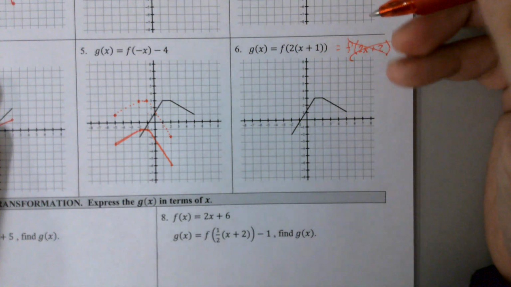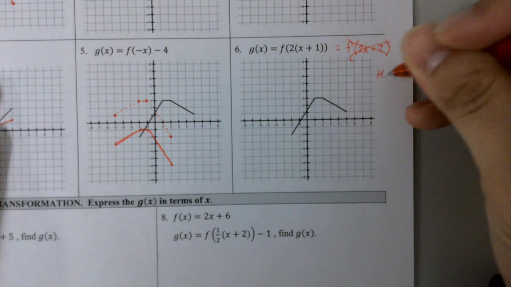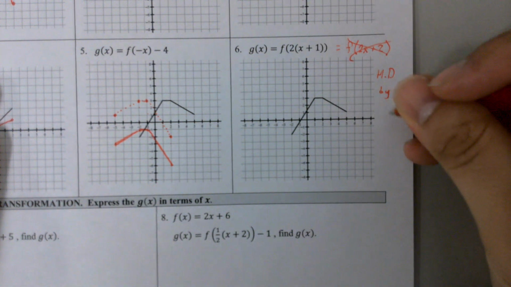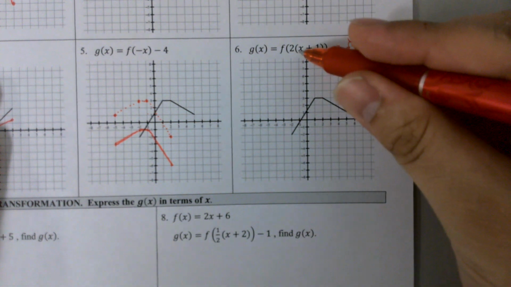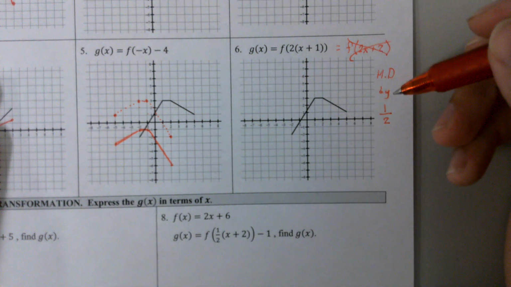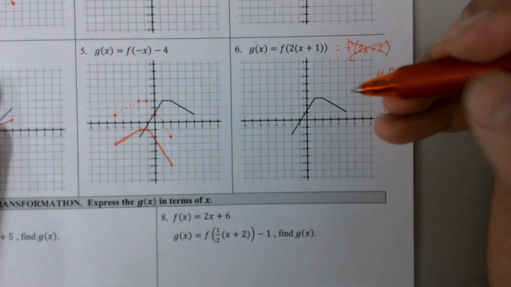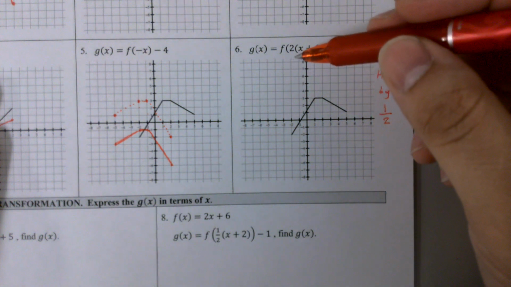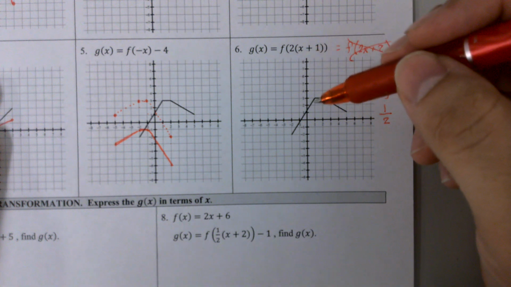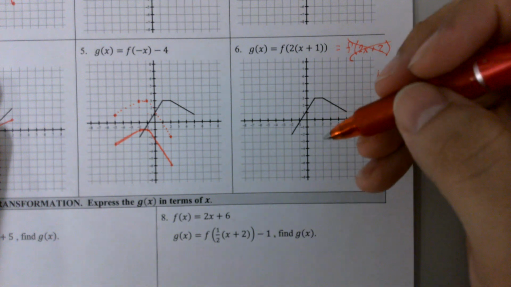So, I'm sorry, a horizontal dilation, remember it's 1 over this number, so we have a horizontal dilation by 1 over the absolute value of this number, which is 2. So, horizontal dilation by 1/2, which means that our x-coordinates are going to be multiplied by a factor of 1/2, so in other words, they're going to be cut in half.